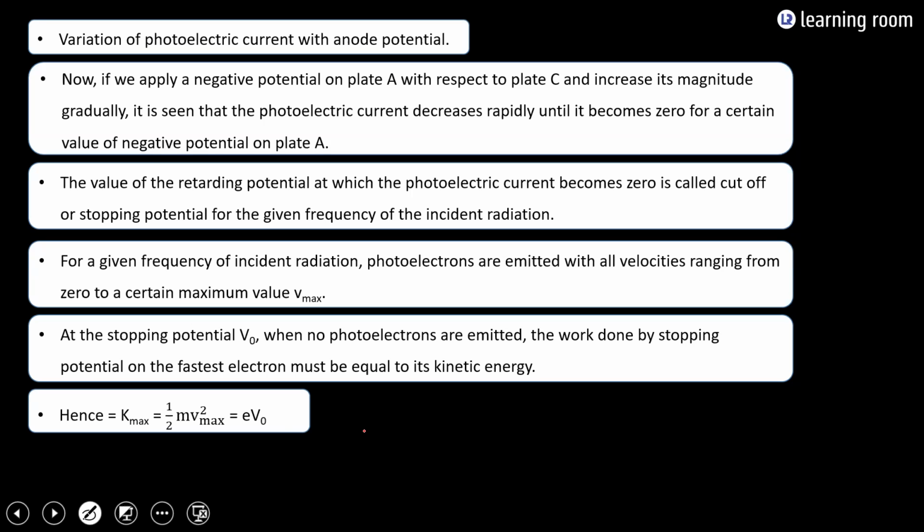It's a very, very important mathematical expression. So, if somebody asks what is the relation between maximum kinetic energy and the stopping potential, there is a relation: eV0 is equal to Kmax. And we will be using this expression at a later point.